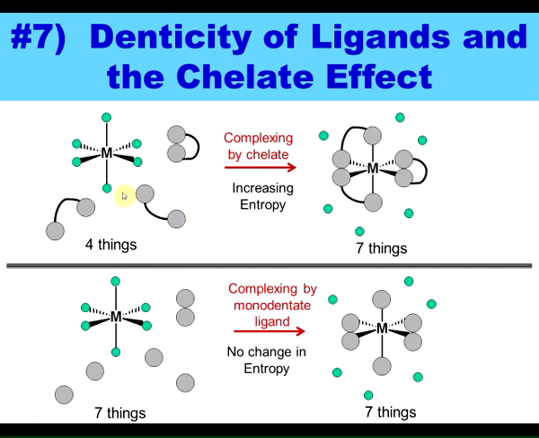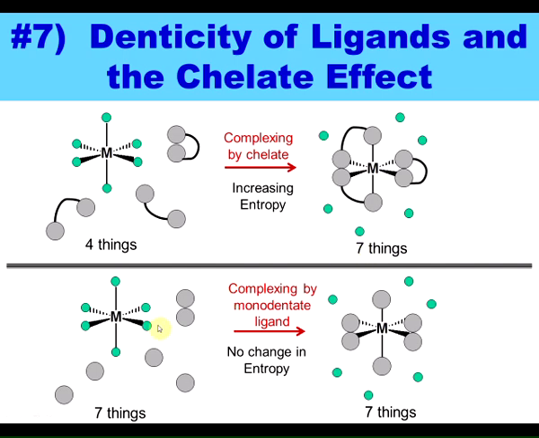Because notice here at the beginning when we had the metal complex and the 3 ligands, we have 4 things in our system. But replacing the monodentate ligands with the chelate ligands creates 7 things. We've got the metal complex as 1, and then these 6 monodentate ligands. So we've increased the entropy here. So by increasing the entropy, we've caused the delta G to become more negative.